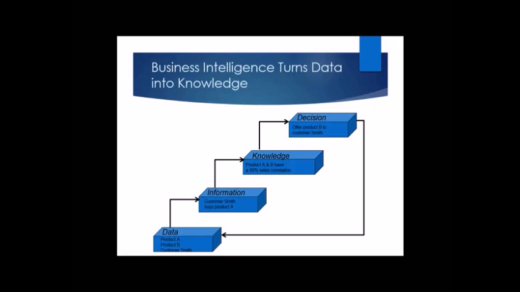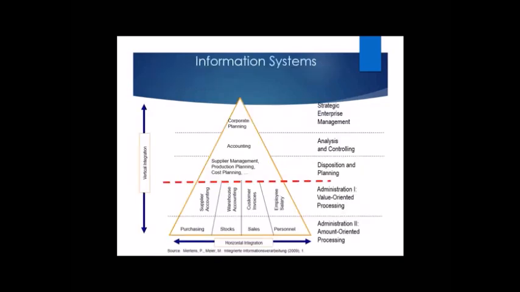Now, in a typical organization, we have many different information systems that help us work with data, information, and knowledge. And the information systems used in an organization can generally be divided into operational systems and planning and control systems. Operational systems are those below the red dotted line shown on the slide.